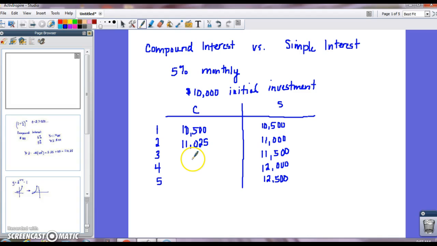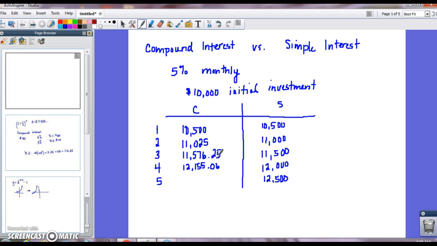At the end of 3 months, I would have $11,576.25. After 4 months, I'd have $12,155.06.